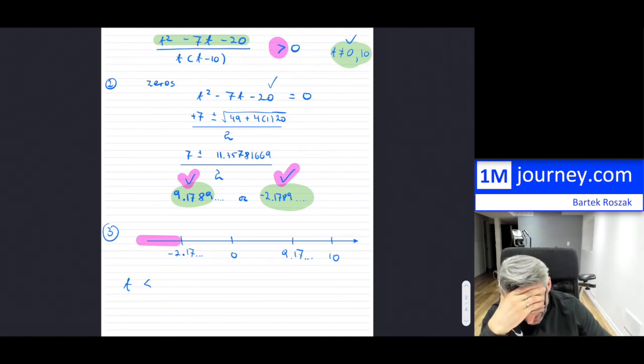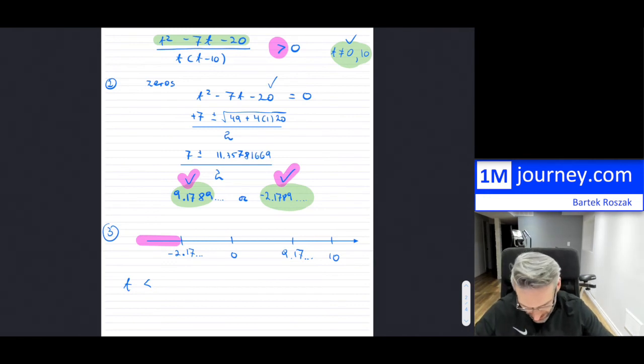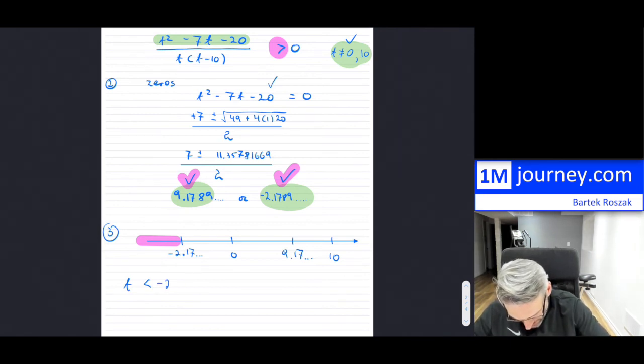So for t less than -2.17, we can pick an arbitrary number that's convenient to work with. Let's pick -5. For -5, I'm going to substitute it back into here.